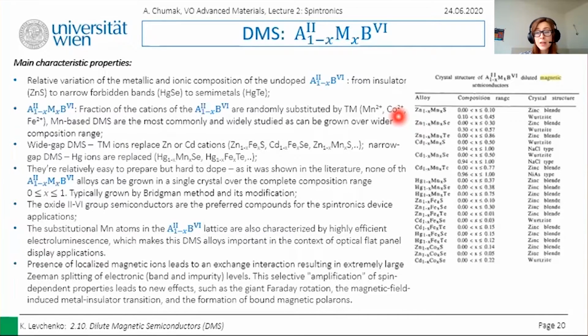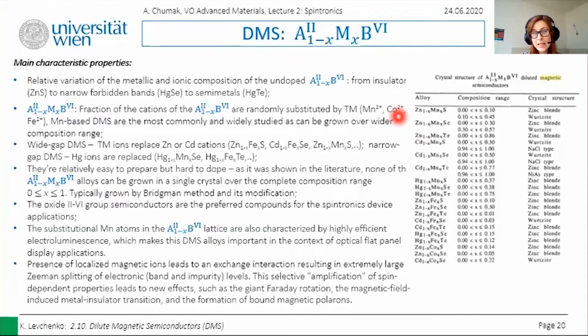And the dominant interactions here are antiferromagnetic, so the localized magnetic moments talk to each other via the antiferromagnetic exchange. This, together with the randomness of the magnetic ion distribution, results in a disordered spin orientation in the absence of an external magnetic field, even at the lowest achievable temperatures. So it could be a point of interest for antiferromagnetic spintronics solely.